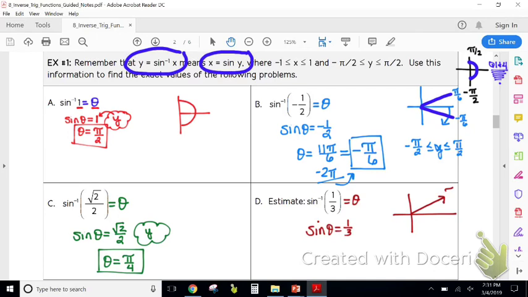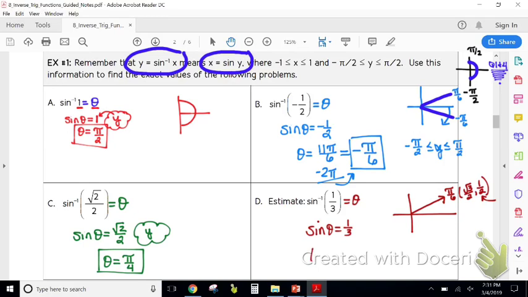Do you see where you have pi over 6? That ordered pair is square root of 3 over 2, comma 1/2, and so its y value is 1/2. I picked that one because it's the smallest one in quadrant 1, which means 1/3 is smaller than 1/2, isn't it? So my angle is going to be smaller than pi over 6.